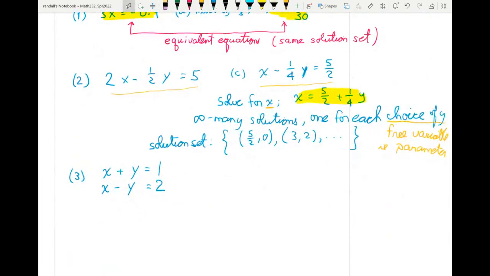What does that mean? I'm going to write out what I'm going to do. I'm going to subtract an equation, the first equation, from the second.